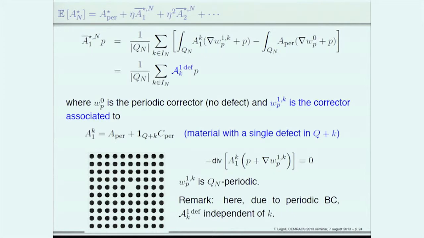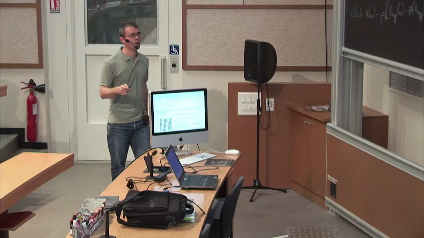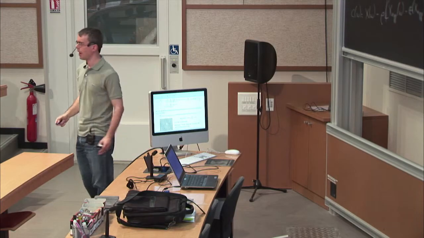What I do is I consider a cell with 1 defect. Okay, I solve for the corrector problem for a matrix with 1 defect, and this will give me this contribution here. Okay, so the formulas are going to be a bit messy, but I want you to keep in mind the message that the first correction is due to the contribution of configurations with 1 defect.